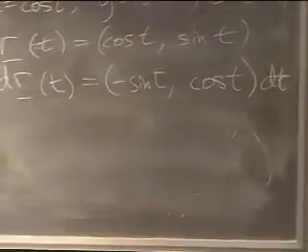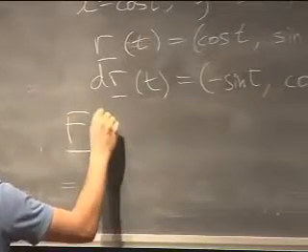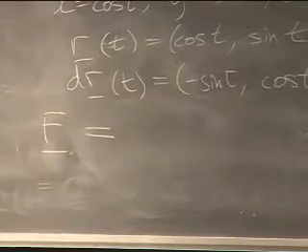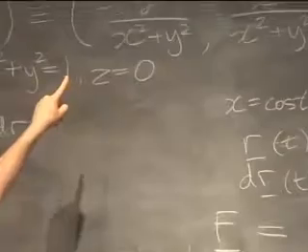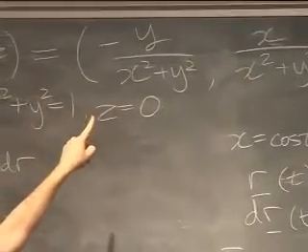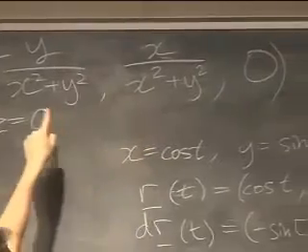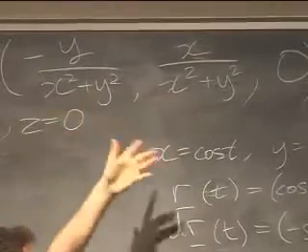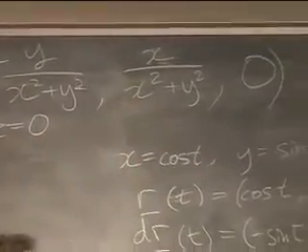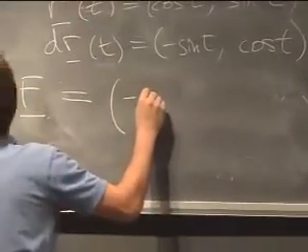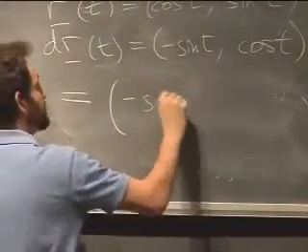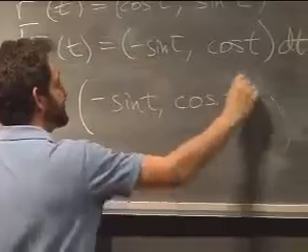Now what is f? F then equals, I take this vector field and plug in y is sine t, x is cosine t, and the bottom is 1, because x squared plus y squared is 1. So you just get minus sine t, comma cosine t.